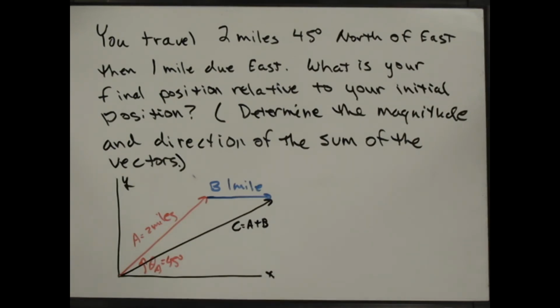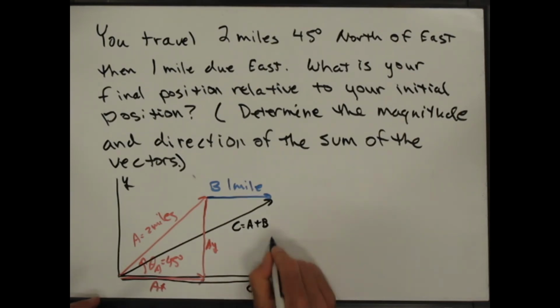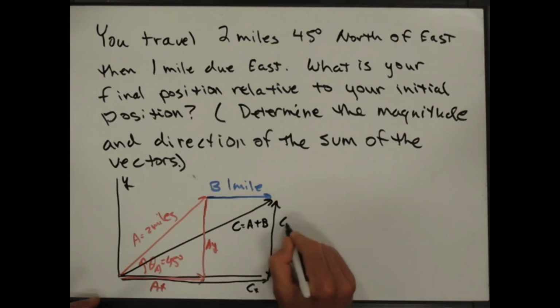And so the way we do these problems, just like we saw earlier, is we find the components, right? So this piece here is A sub x, and this piece here is A sub y, right? And then here is C sub x, and here is C sub y.